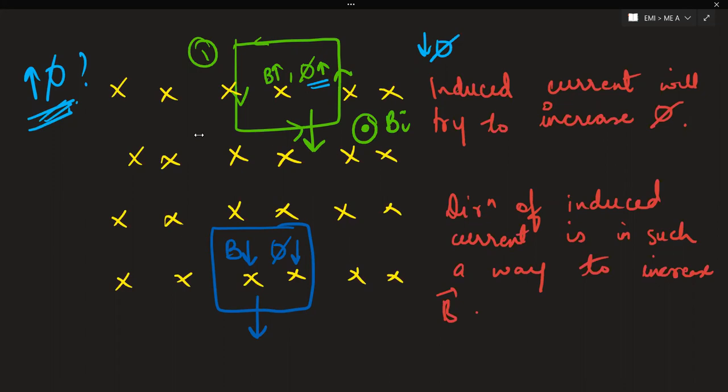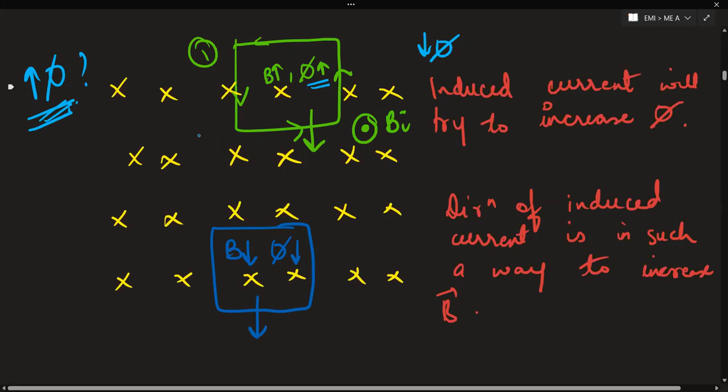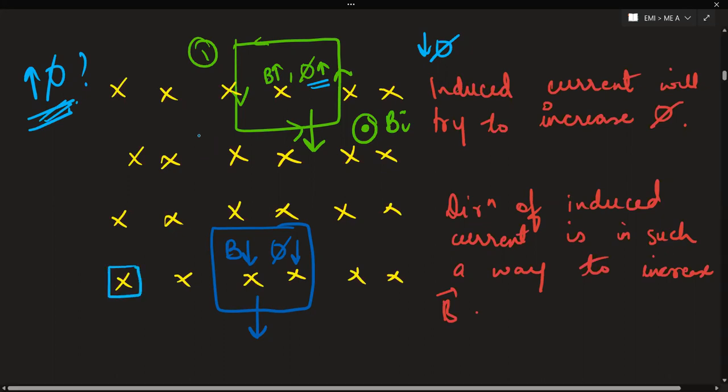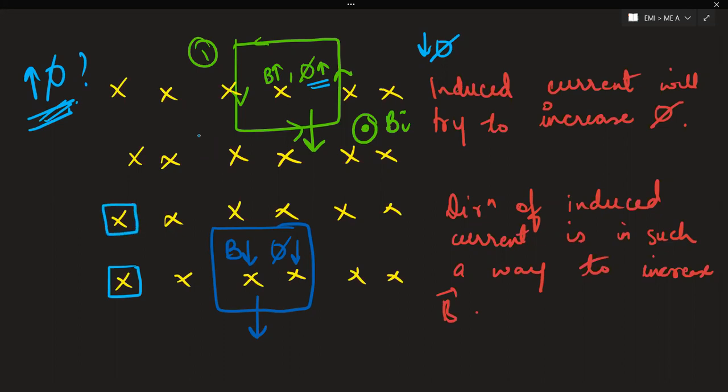South polarity coming, it will try to repel south polarity. North polarity coming, it will try to repel north polarity. Whatever is the work done, that time the cause is repelled. So here the cause is what? Decrement in magnetic flux. So it will try to increase flux. Now, all the original magnetic field lines are going inside. Can you notice all these original magnetic field lines? These are pointing inwards.